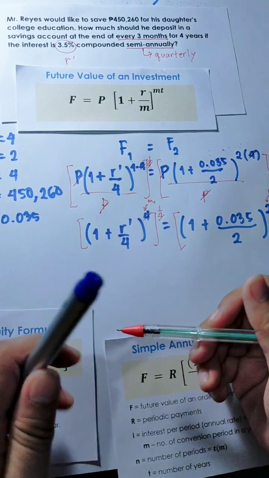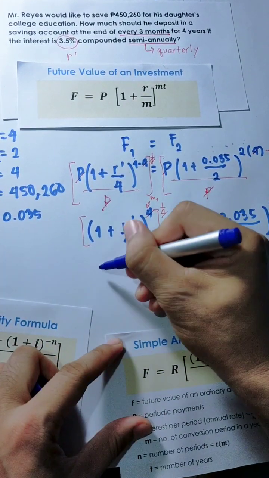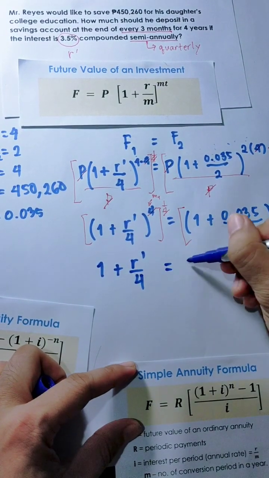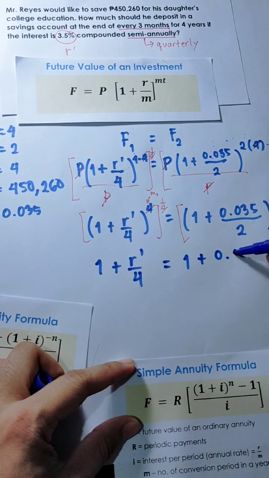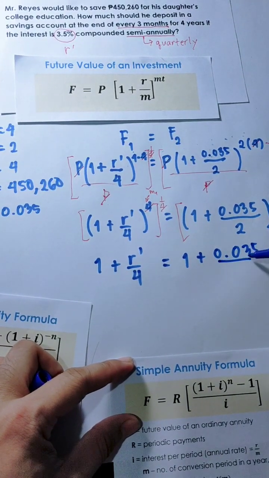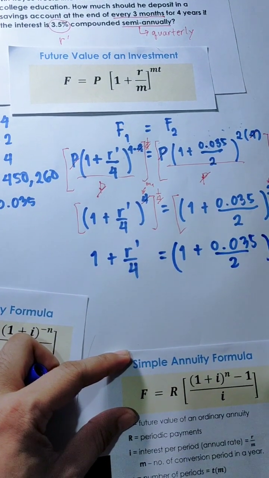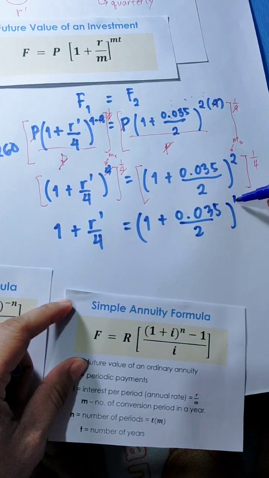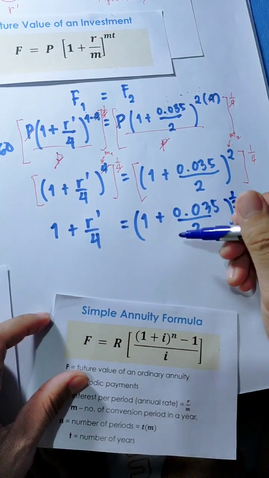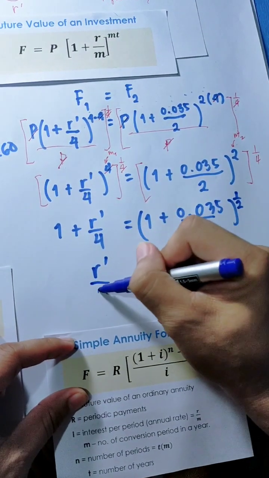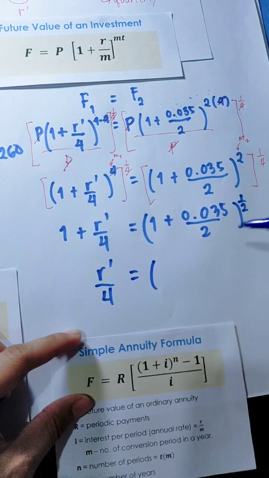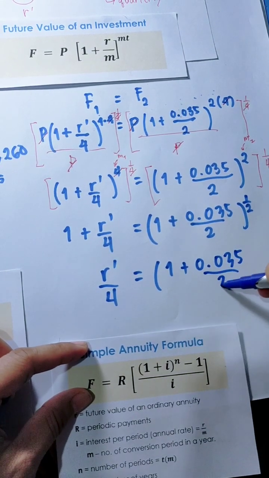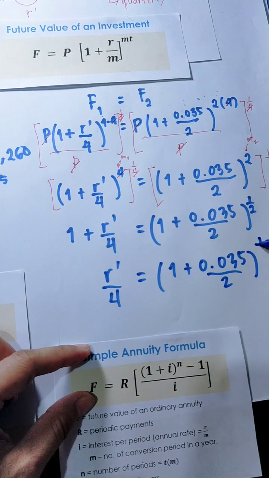So what we have left on the left side will be 1 plus R prime over 4, equals 1 plus 0.035 over 2. Then this one, 2 divided by 4 is 1/2. So finally our R prime over 4 is equal to (1 plus 0.035 over 2) to the 1/2.